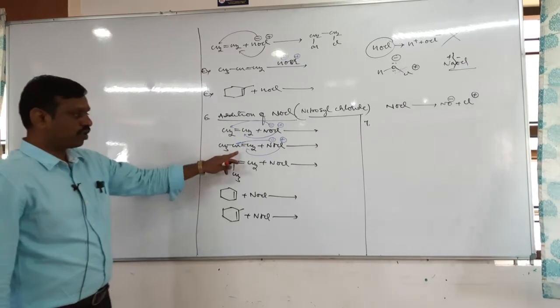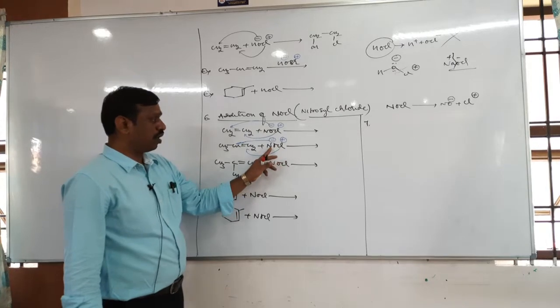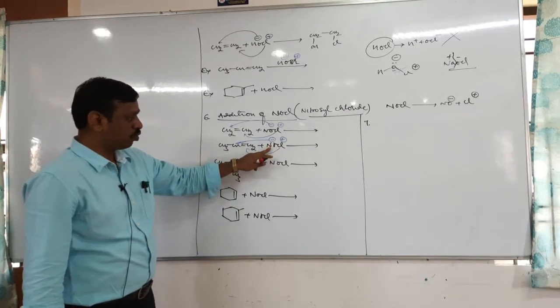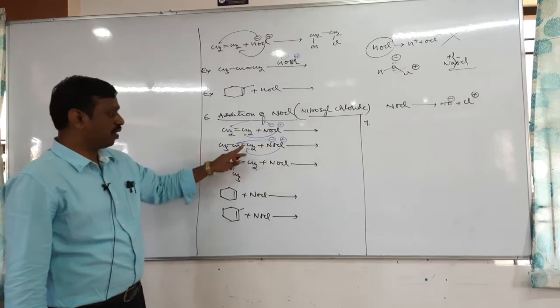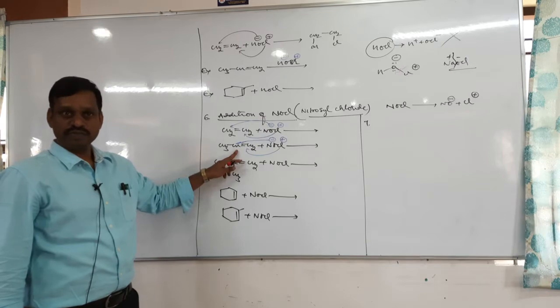It is according to Markovnikov rule, no? According to Markovnikov rule, where should the negative part of the adding group be added? The negative part of the adding group should be added to the double bonded carbon having fewer hydrogens. That is actually Markovnikov rule.